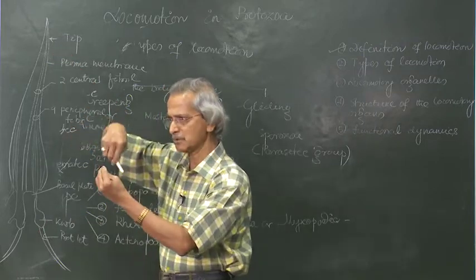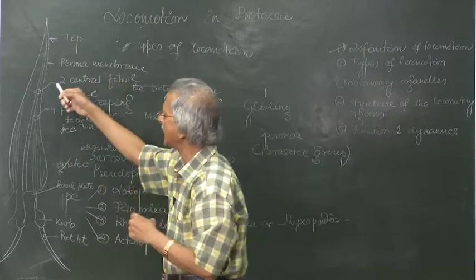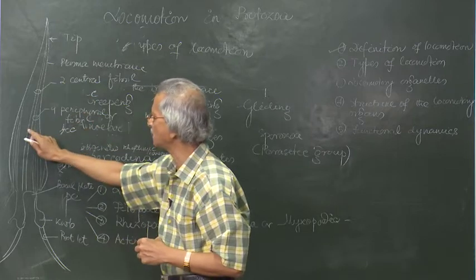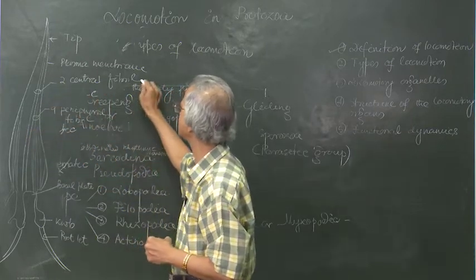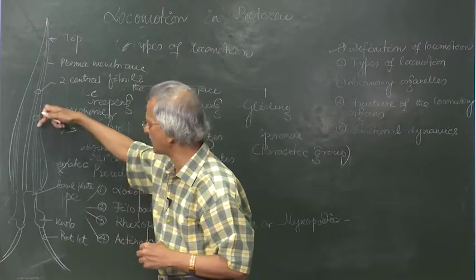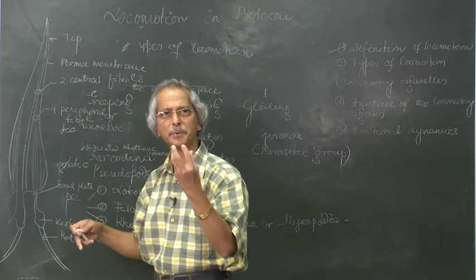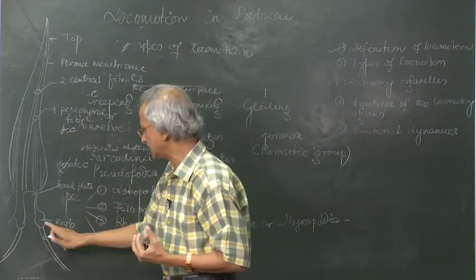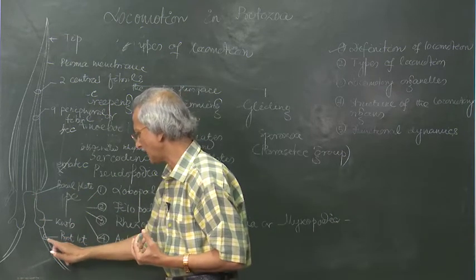This entire flagellum is covered by a membrane known as the plasma membrane, and in the center of this structure you will find 2 fibrils. So, these are 2 central fibrils, and in the periphery these 2 central fibrils are surrounded by 9 peripheral fibrils. This is the basal plate, this is the root knob and the rootlet.